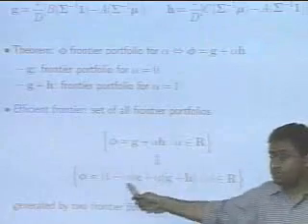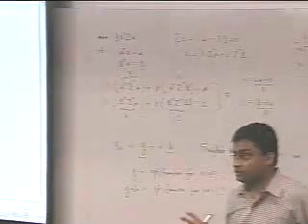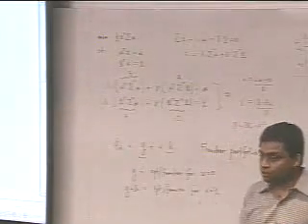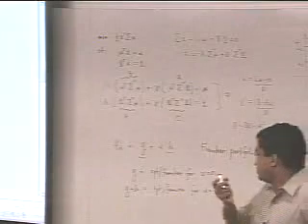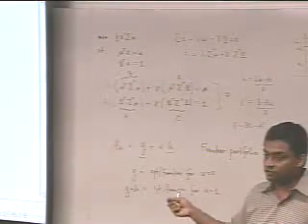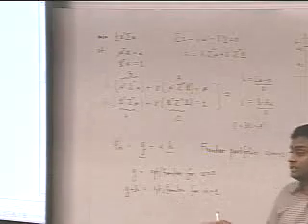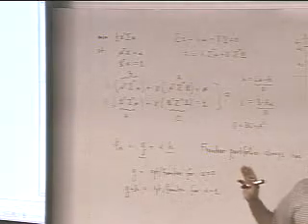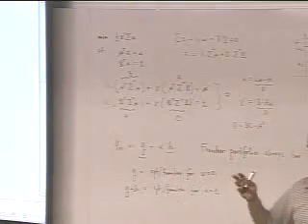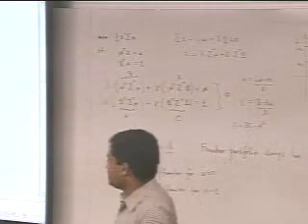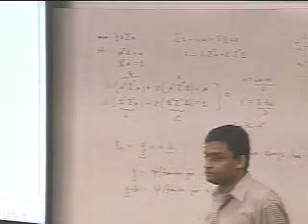And I'm telling you here that the entire frontier can be generated by these two mutual funds, but 0 and 1 are nothing special. If I give you one mutual fund which has a return alpha 1 and another mutual fund with return alpha 2, where alpha 1 is not equal to alpha 2, then the entire frontier can be generated by looking at these two mutual funds. Again, a little bit of algebraic technique, but you'll end up getting the same result. All right?